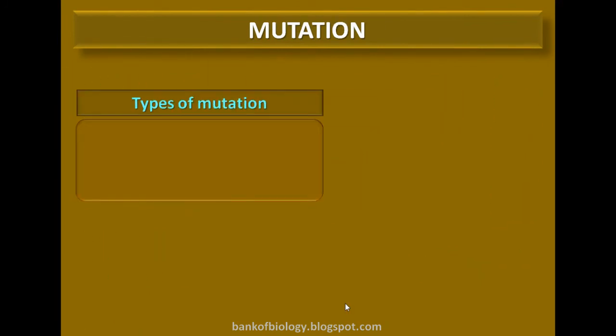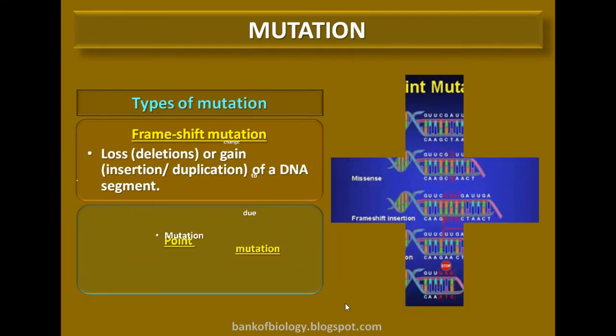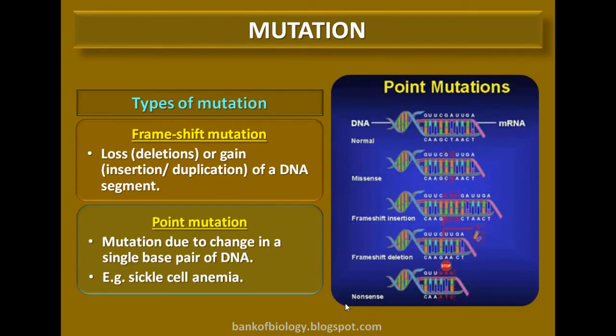There are two types of mutation: frame shift mutation, which is due to the loss, deletion or gain of a DNA segment. So when a complete segment is lost, gained, or duplicated, we get frame shift mutation, whereas if a change takes place in a single base pair of DNA, we have point mutation.